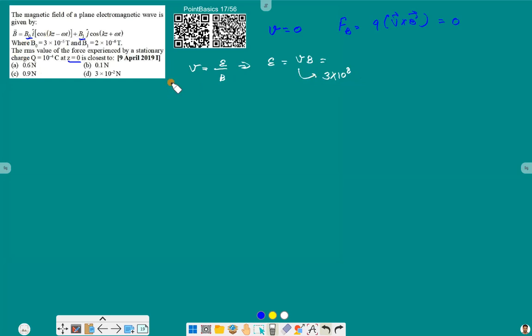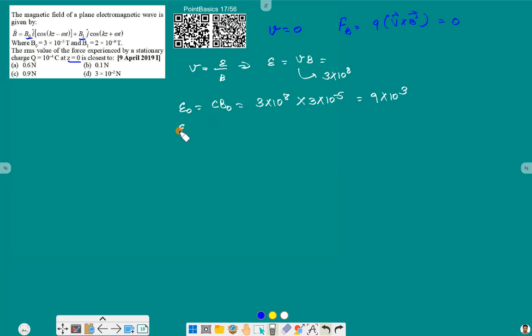So E node will be equal to C B node, where C is 3 into 10 raised to power 8 and B node is 3 into 10 raised to power minus 5. So this will give us 9 into 10 raised to power 3.